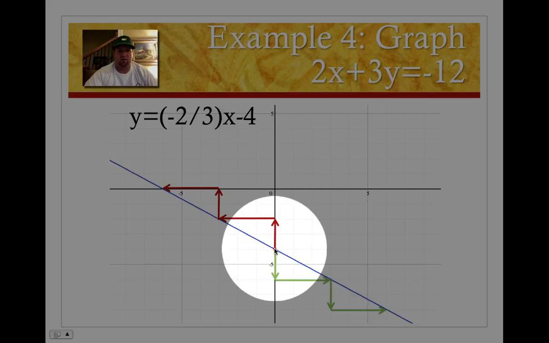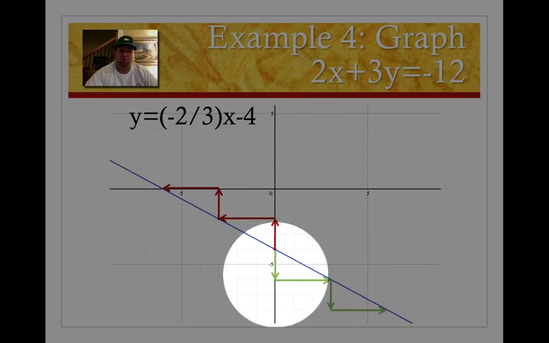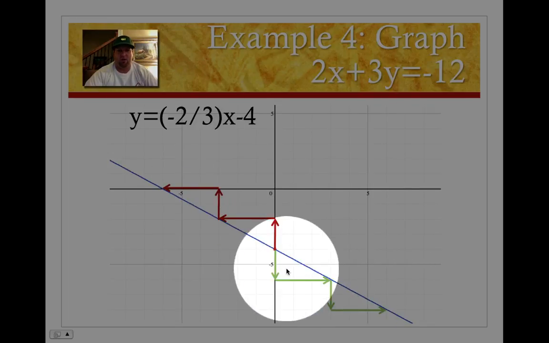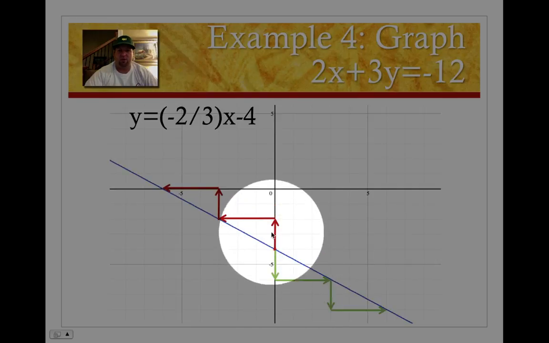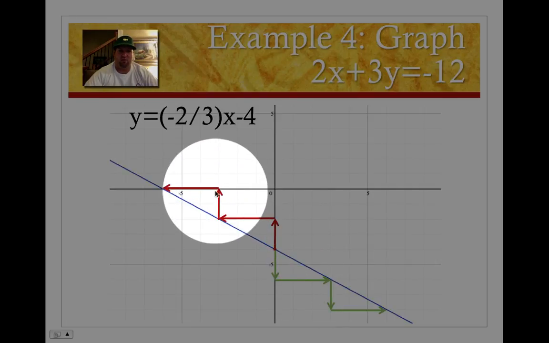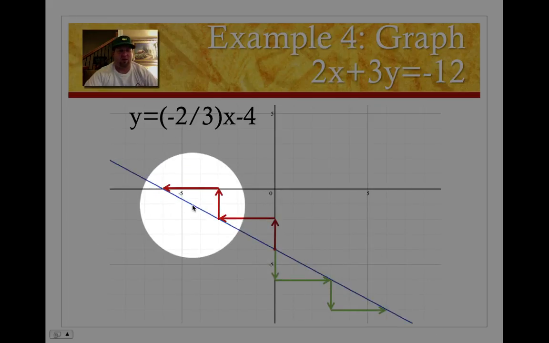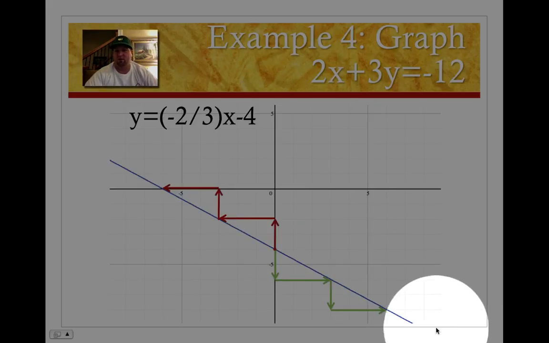And the slope is -2 over 3. Now, negative rise means go down 2, and then run 3, and then down 2, run 3, and plot your points that way. The opposite of down and to the right would be up and to the left. So just by that method, I plotted 5 points, and you can see my line very easily.